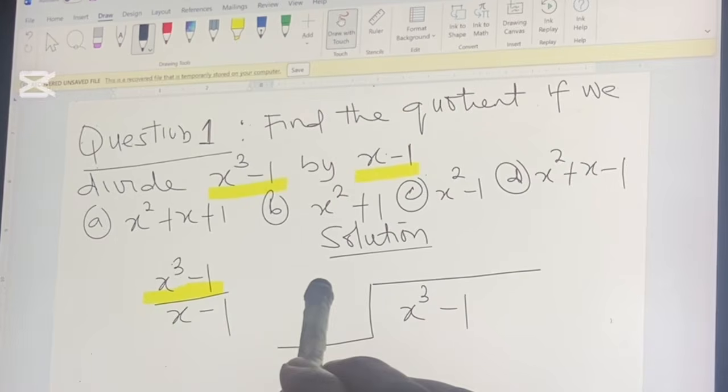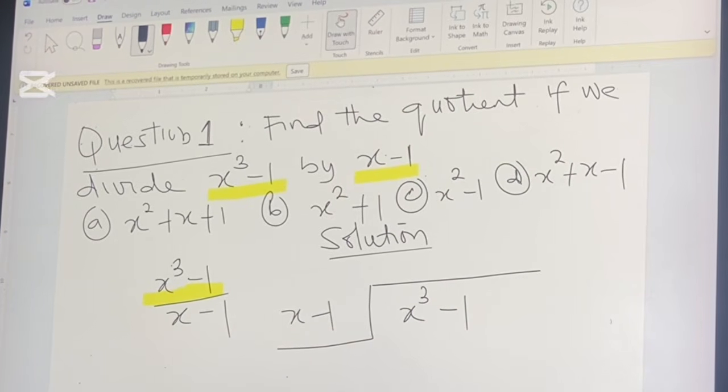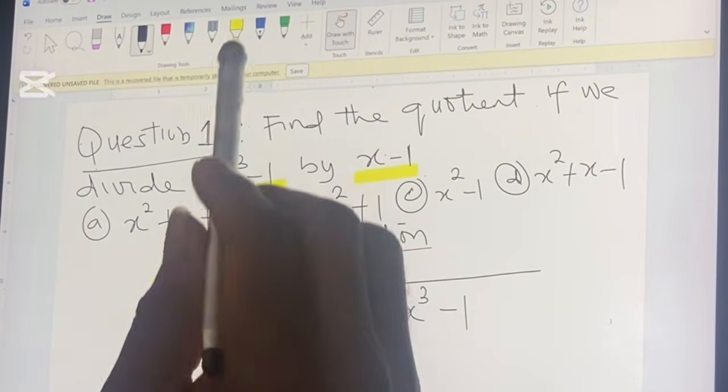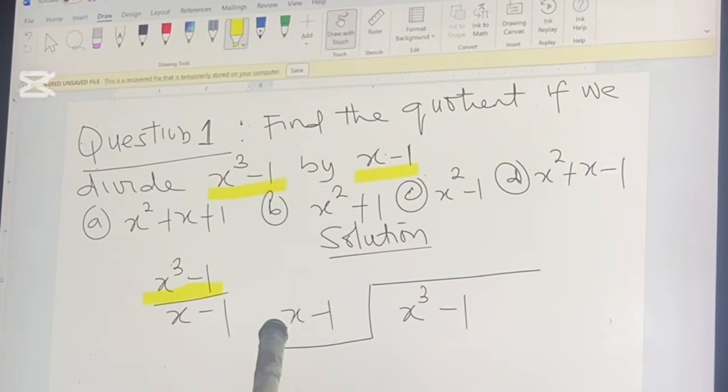The denominator will be outside, that is s minus 1. In dividing polynomial functions, this is the technique we use. The first step is to divide the first part of the dividend with the first part of the divisor.